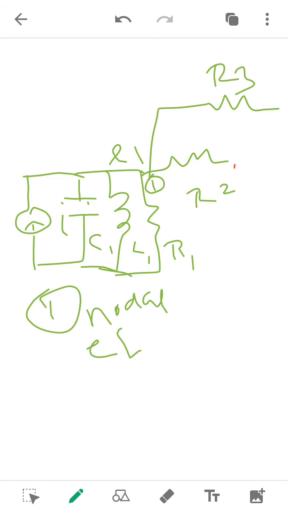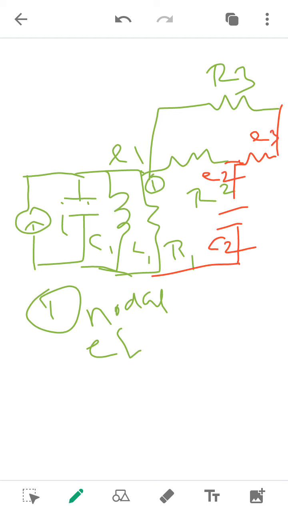Let us continue for the second nodal equation. So C2 will be there. Here the node is E2, nodal voltage is E2, and this is the E3 value.